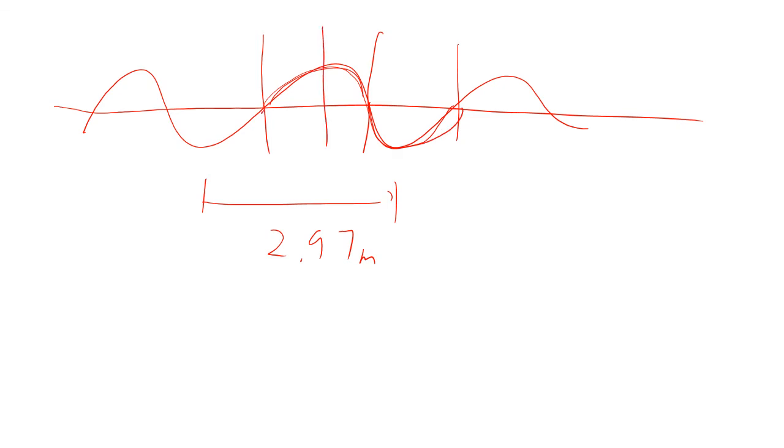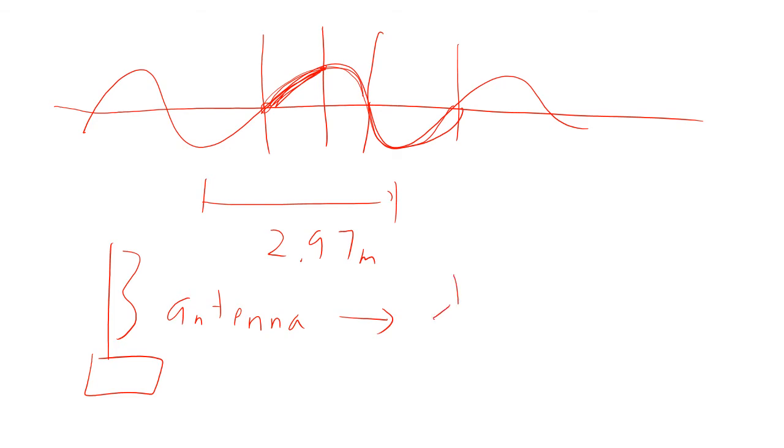In fact, a quarter wavelength goes from 0 to maximum, to the full amplitude. So the simplest antenna for radio, which we call a monopole antenna, is typically 1/4 of a wavelength.